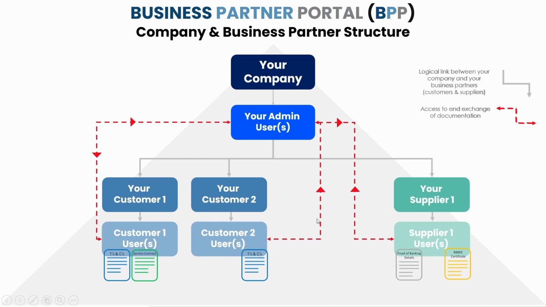You will notice the red arrows are pointing in both directions. That also means if you've loaded documentation for your company on BPP, the customers can also view that. So whether that is your company registration documentation, proof of banking details, proof of address, BEE certificate, etc., they can view those documentation.